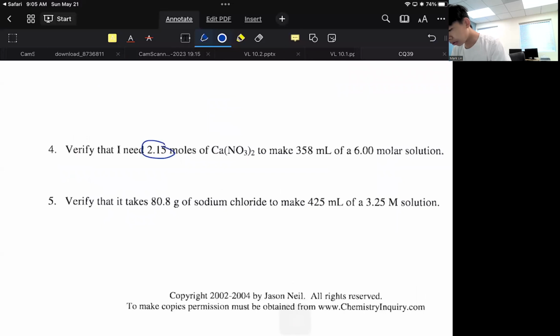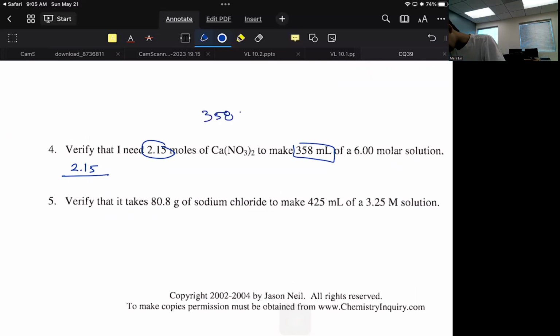Here we have the moles of solute, so it's 2.15 over liters of solution. But this is in milliliters. To convert from milliliters to liters, we divide by 1,000. 358 divided by 1,000 is 0.358. It's going to give us a 6 molar solution.